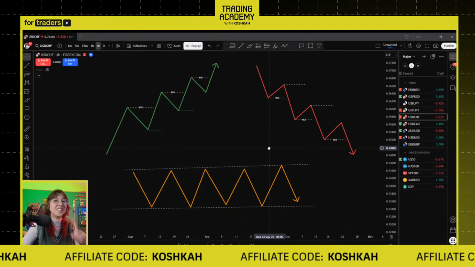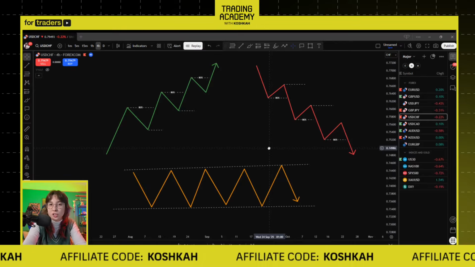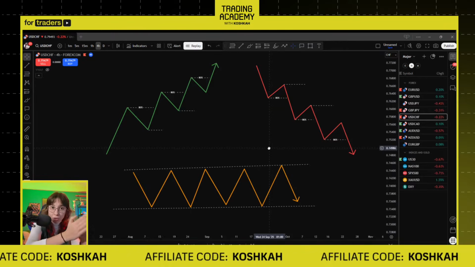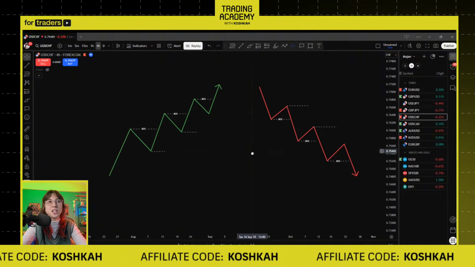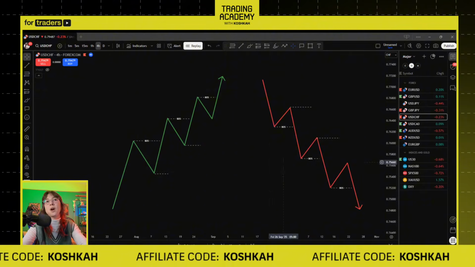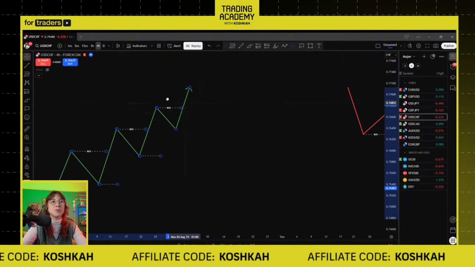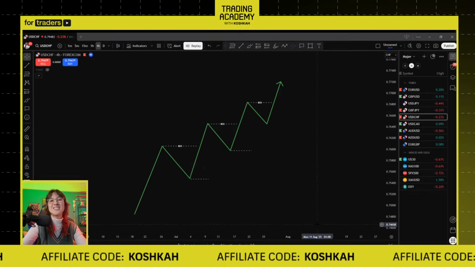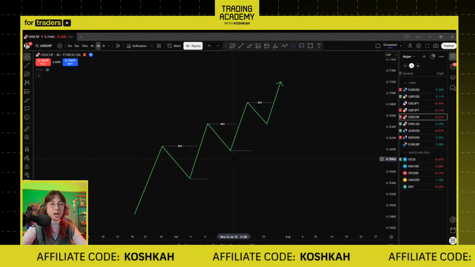Now, a lot of people get confused in the next part. Now that we understand that we have an uptrend and a downtrend and consolidation, let's ignore the consolidation for now and just focus on uptrends and downtrends. Right, when we have a break of structure, so let me just move this a little bit to the left. So when we have a bullish market structure, we have as well trading ranges.